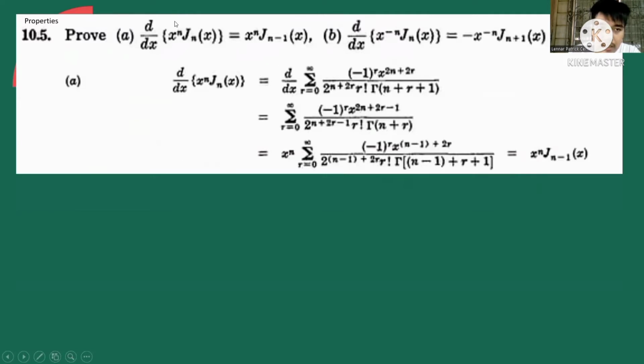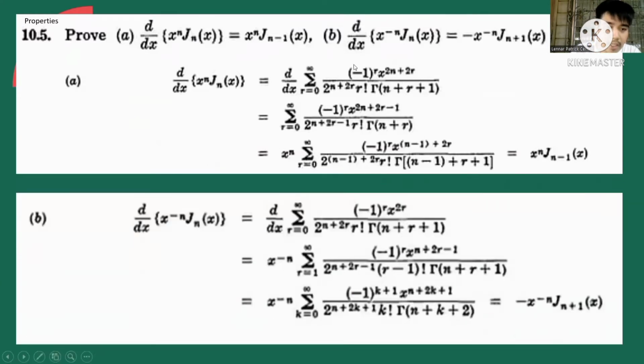Kapag nakita natin yung ganito, ang gagawin lang sa kanya, yung n niya ma-minus na ng 1. Sabi naman, derivative d over dx ng x^(-n) J_n(x). Ang ginawa naman dito, naging negative yung x tapos nag-plus 1.